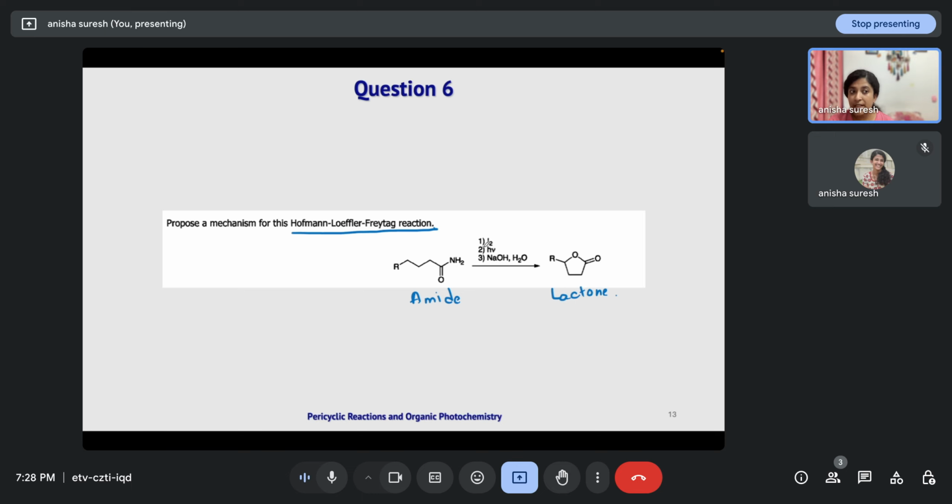Then upon H nu condition, that bond will homolytically cleave, leading to formation of nitrogen radical, which can abstract proton from alpha beta gamma position, leading to formation of a radical here, which will recombine with iodine, leading to formation of halo compound, that in the presence of the base can react, and it will lead to formation of the lactone. So we will see the detailed mechanism in the next slide.